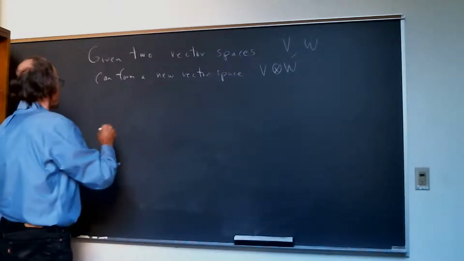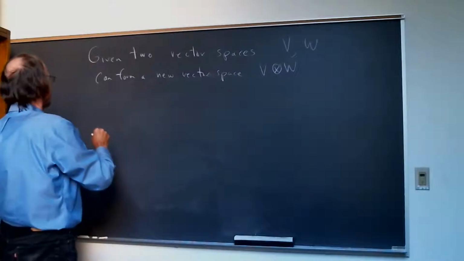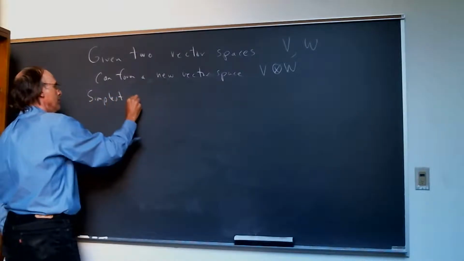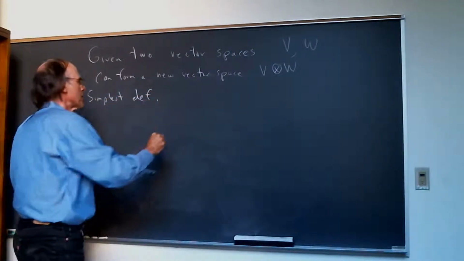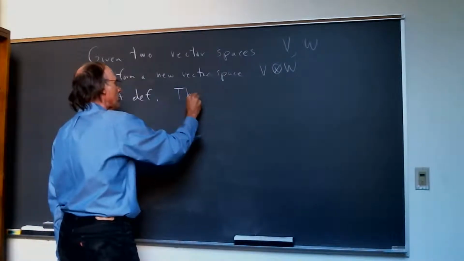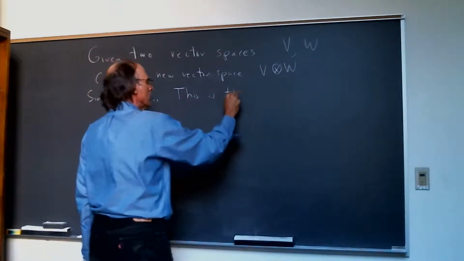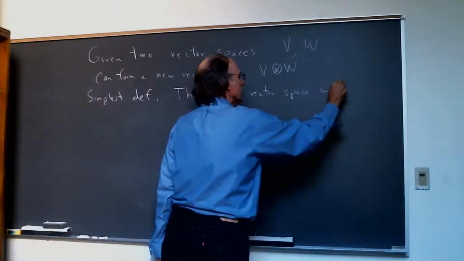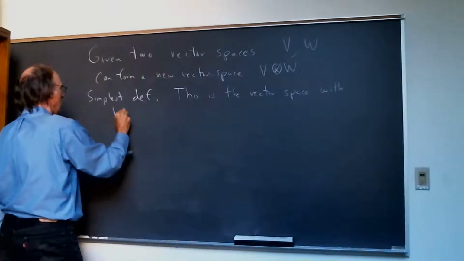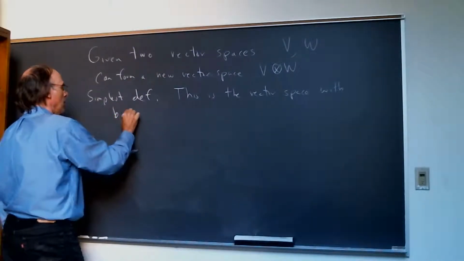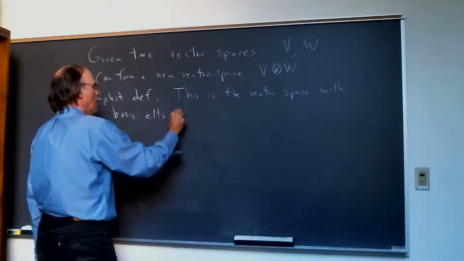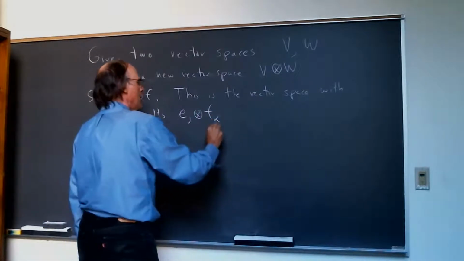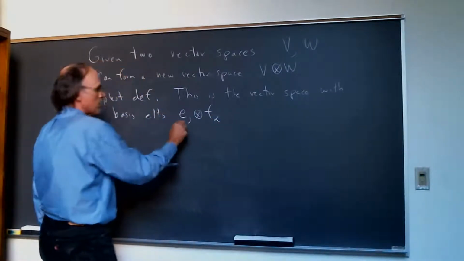The simplest definition is that this is the vector space with basis the elements e_j tensor f_k.